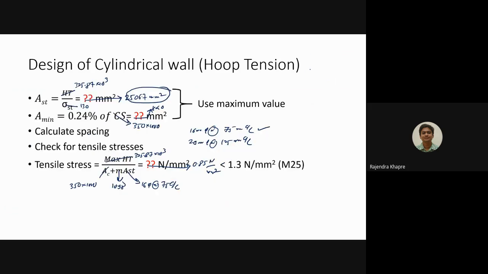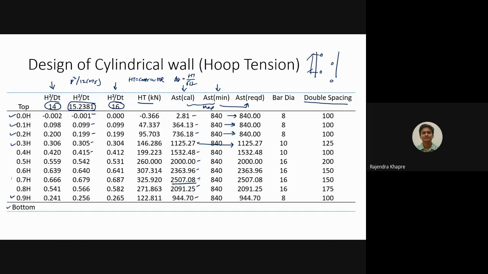Now remember over here we have calculated 16 mm dia bars at 75 mm center to center. So what I am going to do is keep this 16 mm dia bars at 75 like this. But here this will be 150, and from here to here this will be 150. So I am going to provide alternate bars on both the faces.